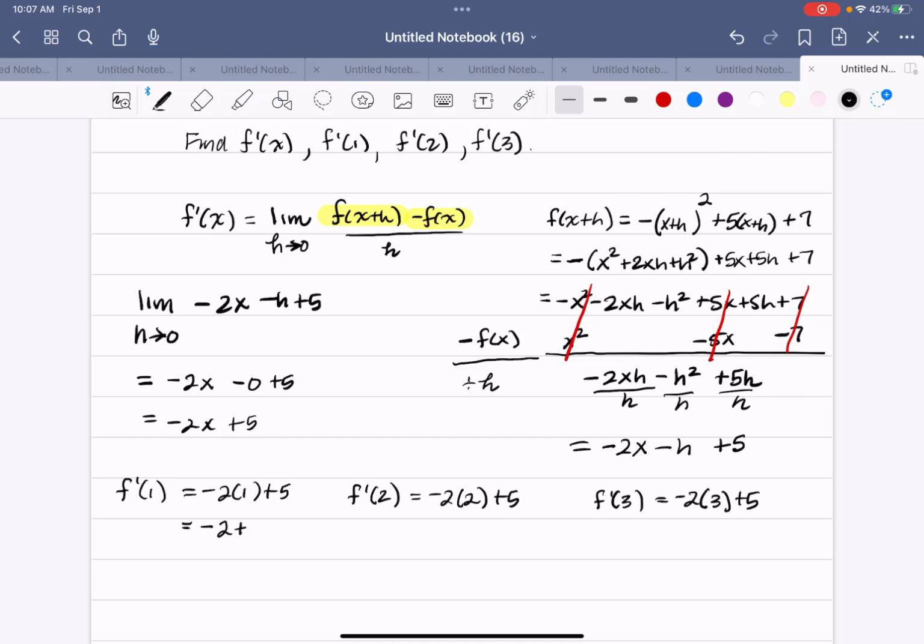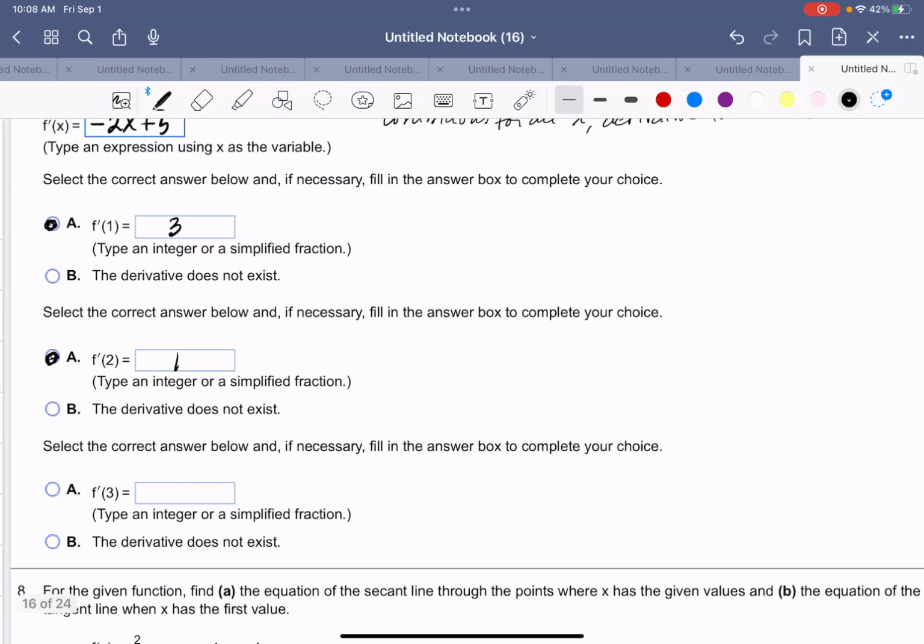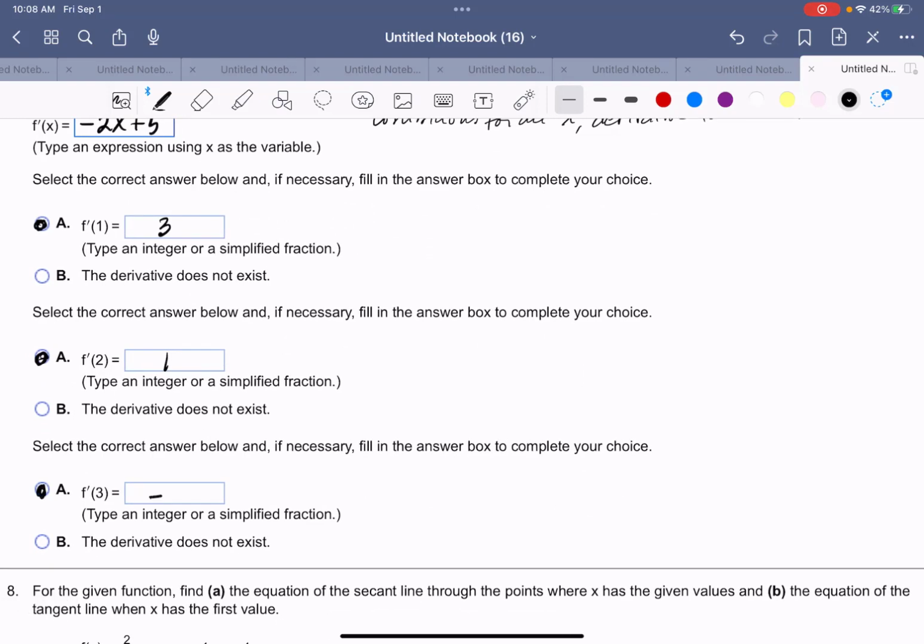That's negative 2 plus 5 is 3. F prime of 2 is negative 2 times 2 plus 5. That's negative 4 plus 5 is 1. And f prime of 3 is negative 2 times 3 plus 5 is negative 6 plus 5. It is negative 1. So f prime of 1 is 3, f prime of 2 is 1, and f prime of 3 is negative 1.